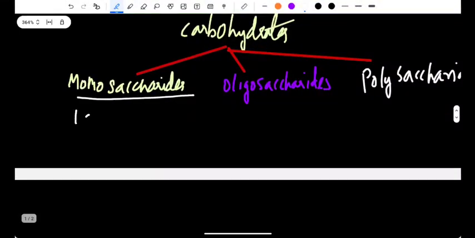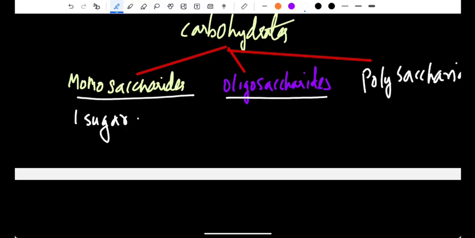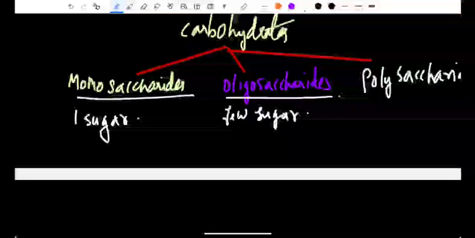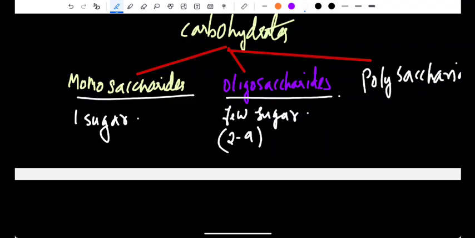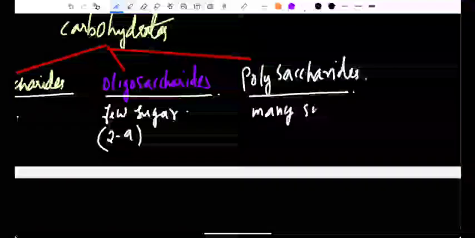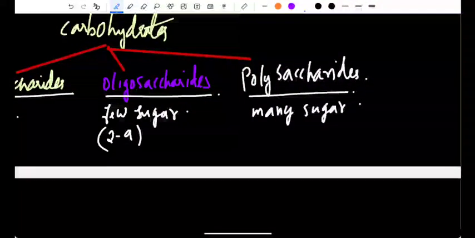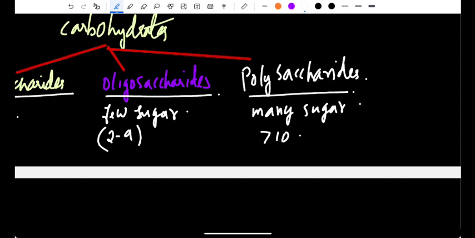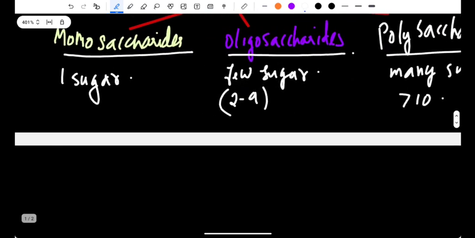Monosaccharides means one sugar. Oligosaccharide means few sugars, which can be 2 to 9. Polysaccharides means many sugars, that is more than 10. More than 10 sugars will be present.